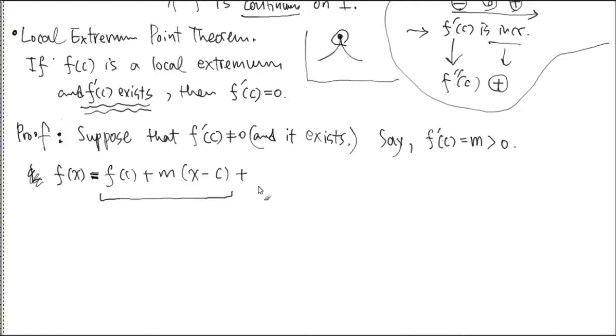And what was the error term? This is exactly equal. It's not an approximation. So the error term looks like this: x minus c times e of x, right? And what do we know about e of x? It approaches 0 as x approaches c, right? Is that correct?